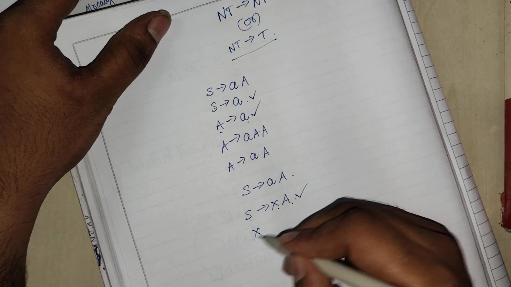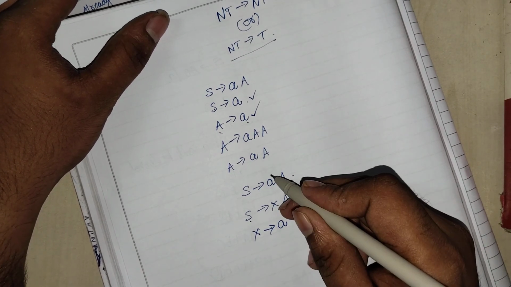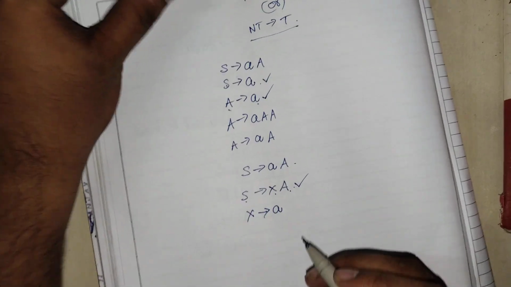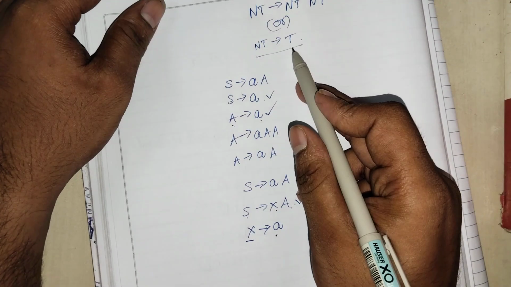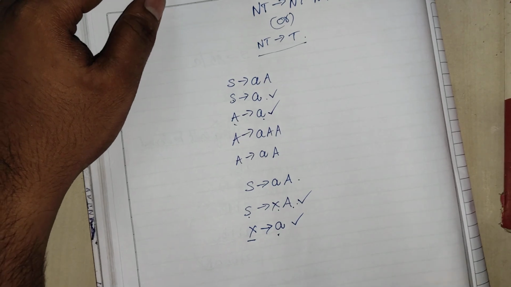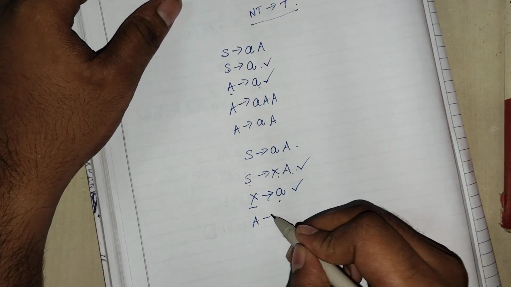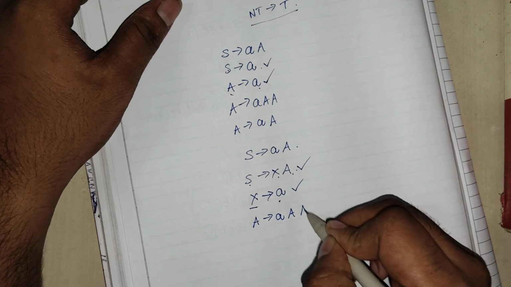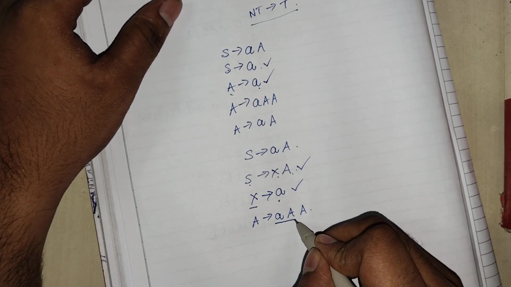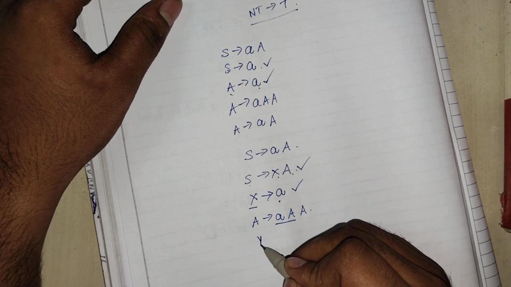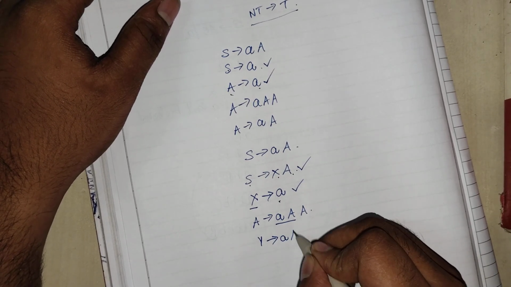Next, X tends to a. Right, we have replaced a with X, right? So X tends to a. So in this, non-terminal tends to terminal, so it's in the Chomsky normal form. Next, this one, A tends to a a A. Fine. Okay, let's replace this with Y. Y tends to a a.